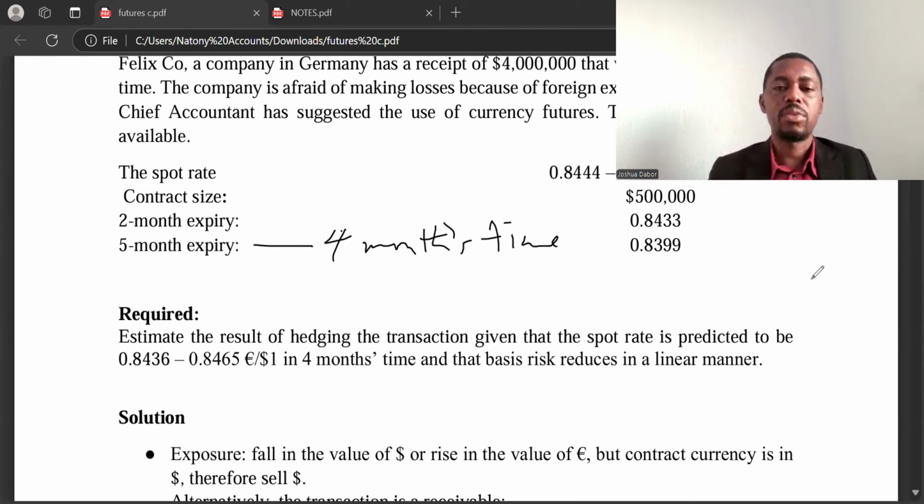Therefore, there will be need for you to calculate the closing futures price if you are going through the profit or loss method or the basis, unexpired basis. So if you are going through any of the method, whether you are using the lock-in rate or you are using the profit or loss method, you must calculate your unexpired basis. Anytime a contract is closed before expiration, there will be the need to calculate what? Your basis. So let's look at the solution.